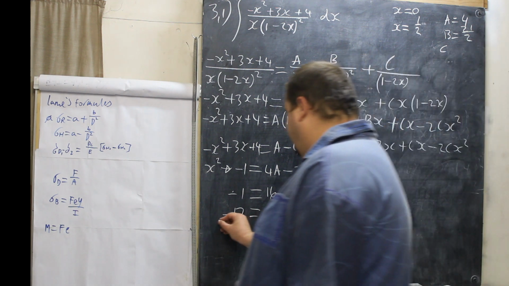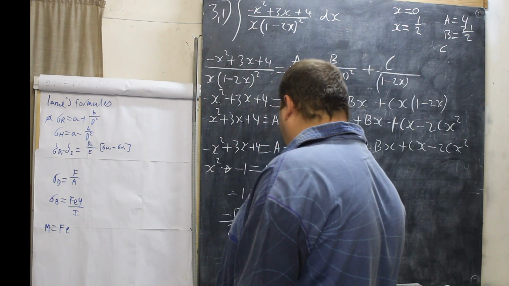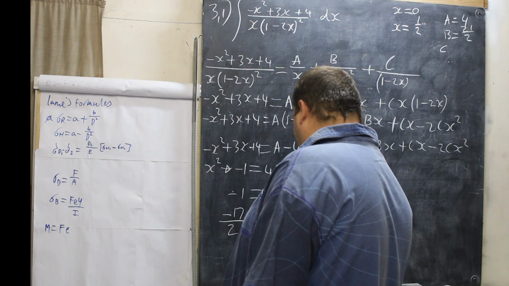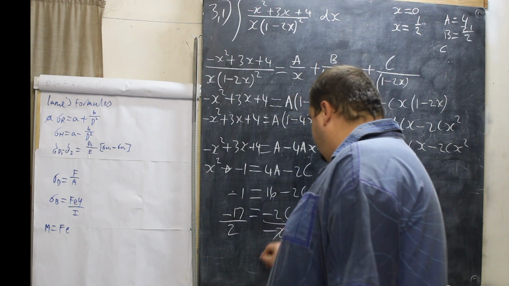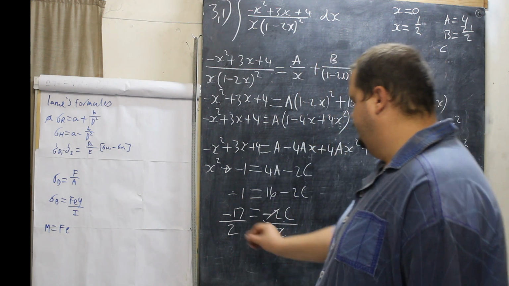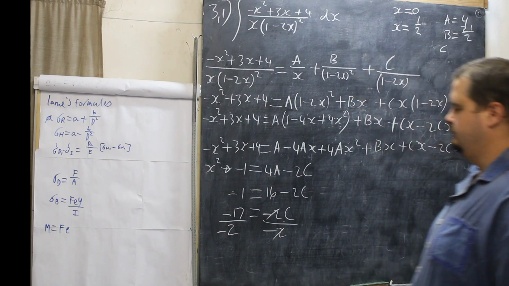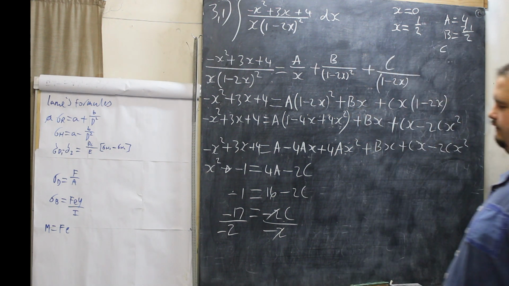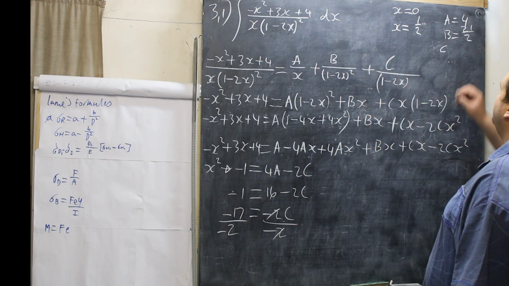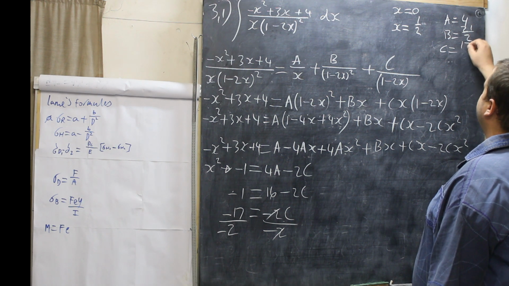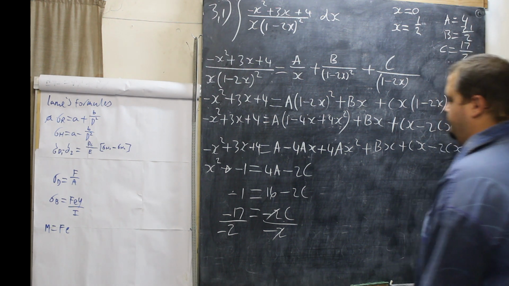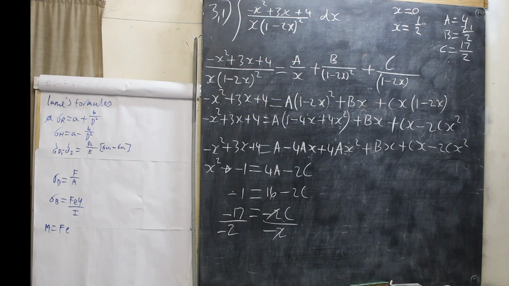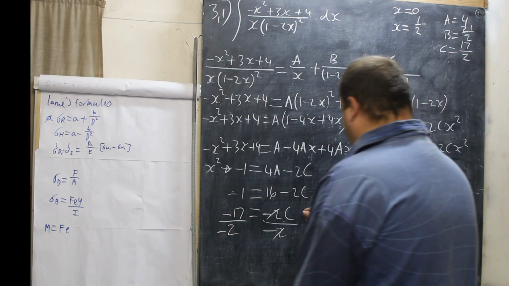So now this will be 17 over 2. Minus over a minus is a positive. So C is equal to 17 over 2.